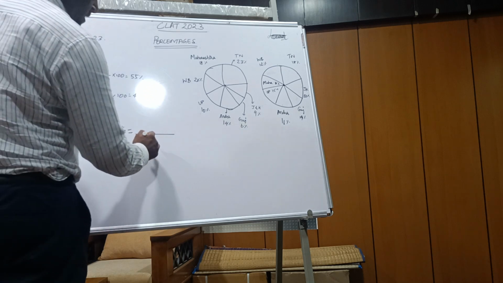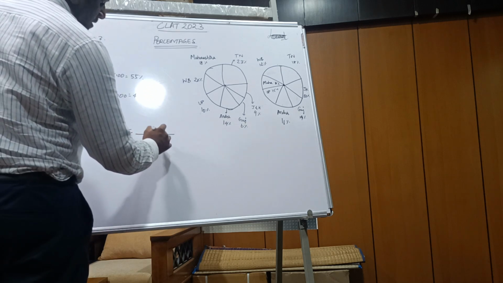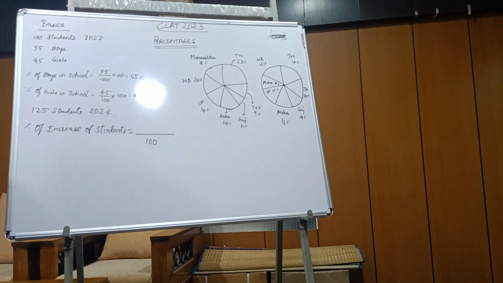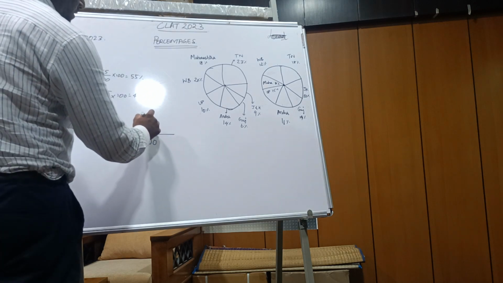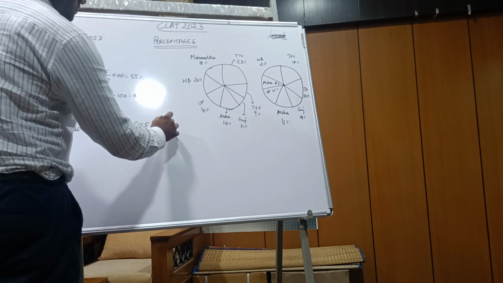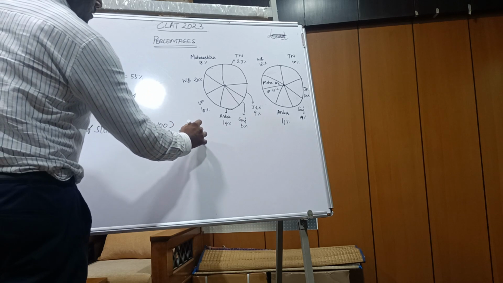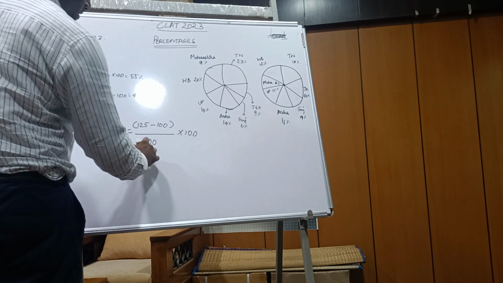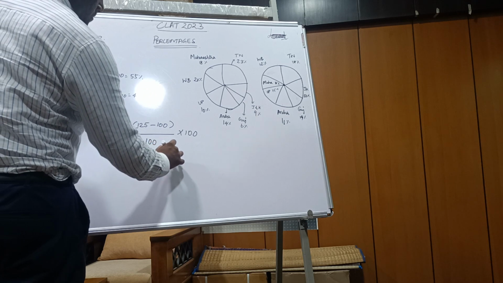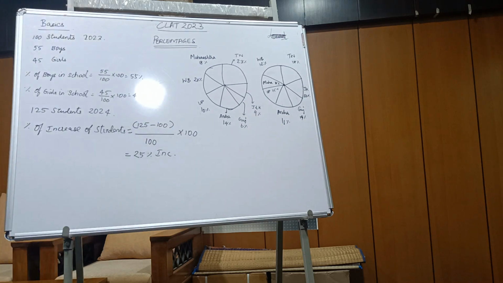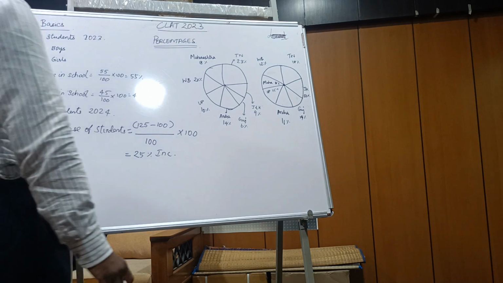So percentage increase is calculated by having the base year as the denominator and finding the difference with the increased value. So we know that there is a 25% increase in the population of students in the particular school.